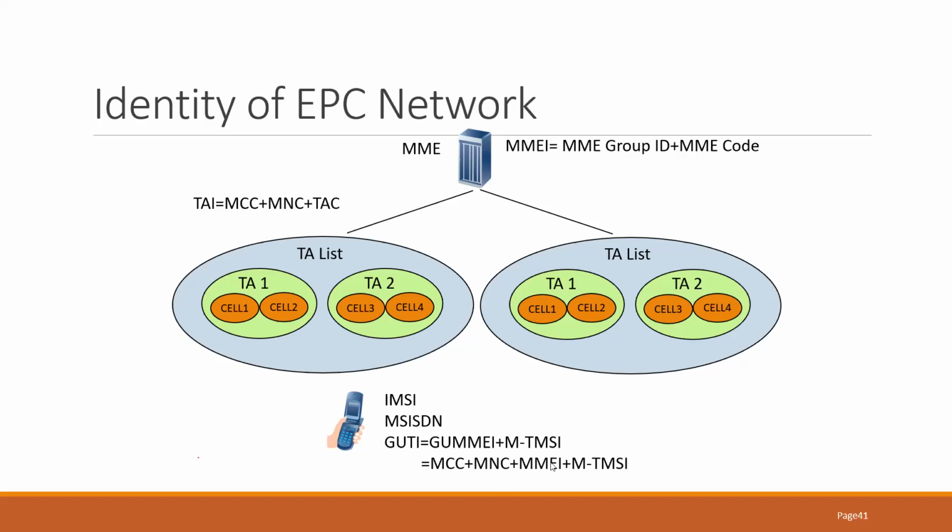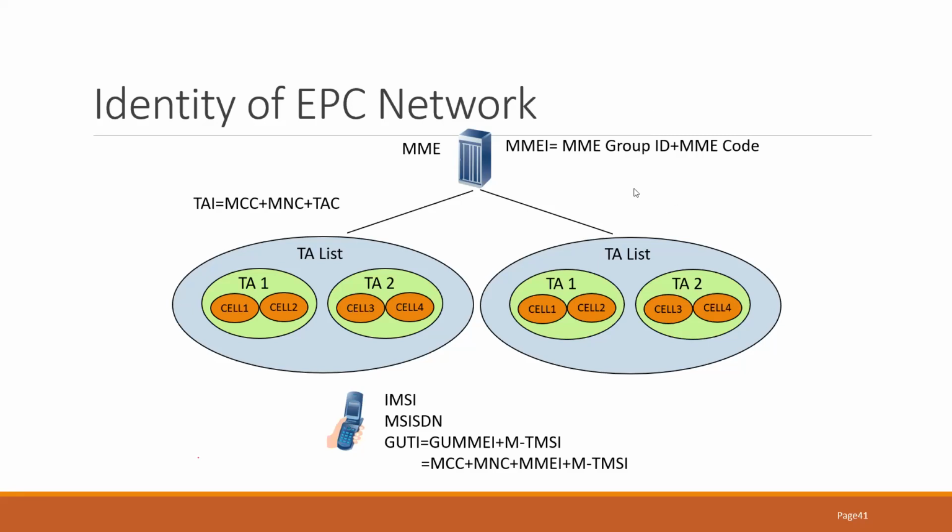And what is the MME ID? The MME ID is basically the MME group ID plus the MME code. The group ID is basically used when you are using MME pooling. For example, if you have an MME pool, if you have two pools available, you will give MME group ID 1 to pool 1 and ID 2 to pool number 2.